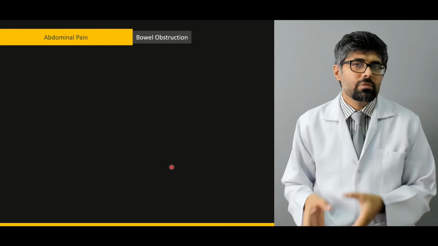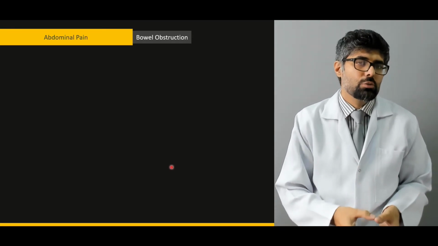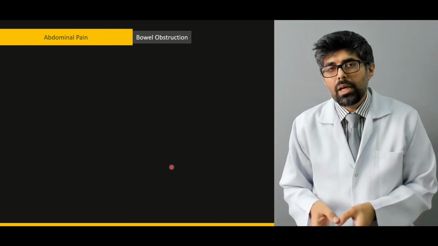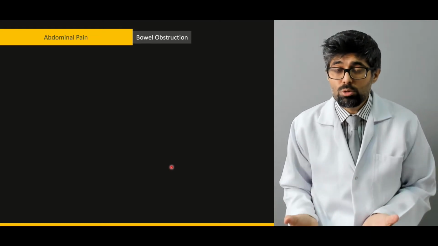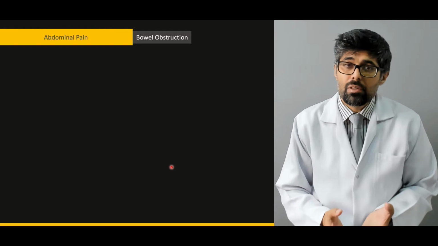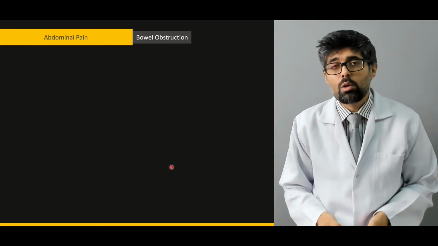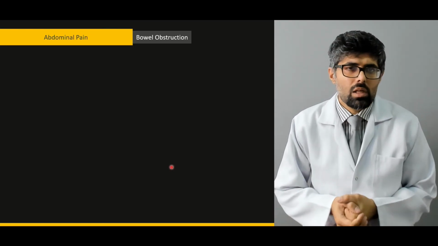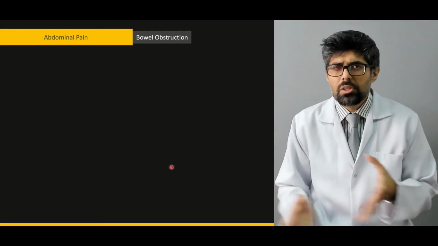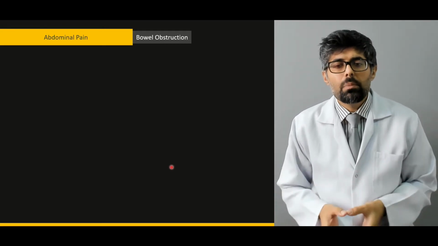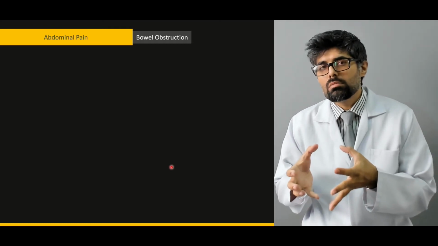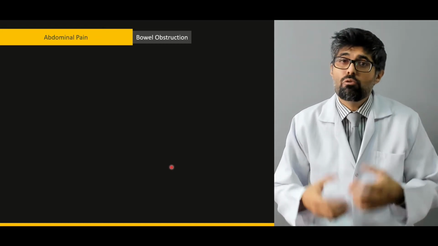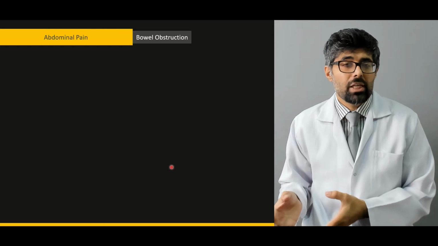Because the nerve distribution, the neurological distribution in the abdomen is not that extensive, and usually the pain that we feel is either of diffuse quality, is usually referred, that they are not actually at the site of the problem, they migrate, and they even have different intermittent quality to them.